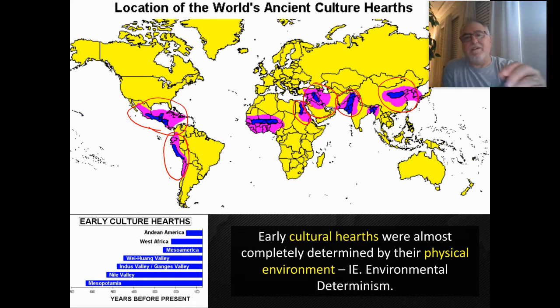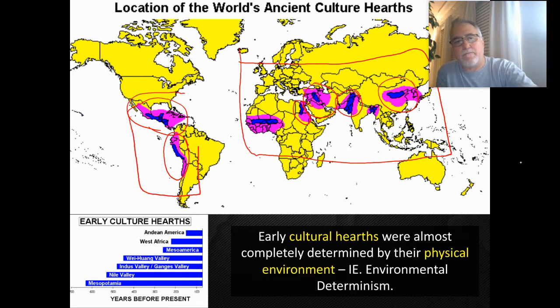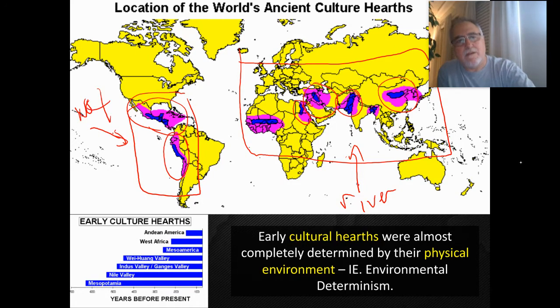All of the civilizations in this part of the world are different than these because the ones over here are river civilizations, and these are not river civilizations. The Andes Mountains here are not a place for growing things.